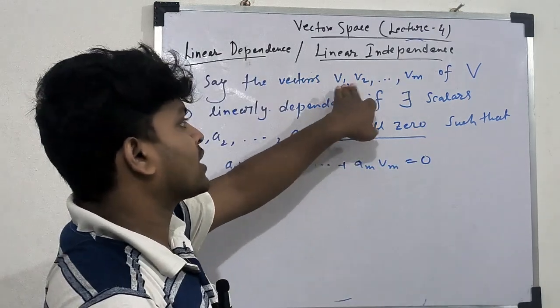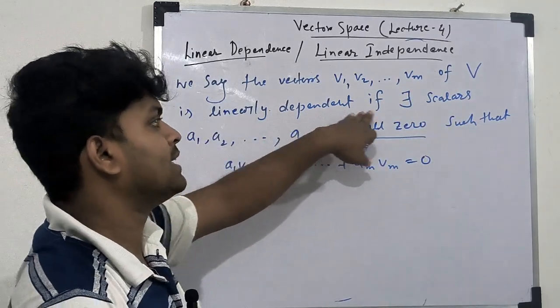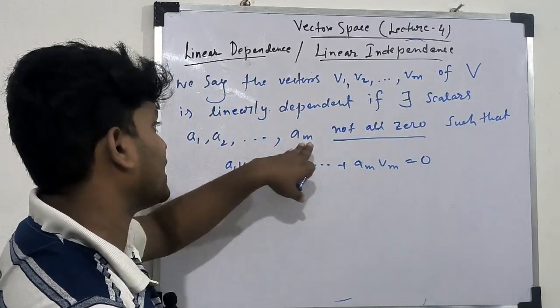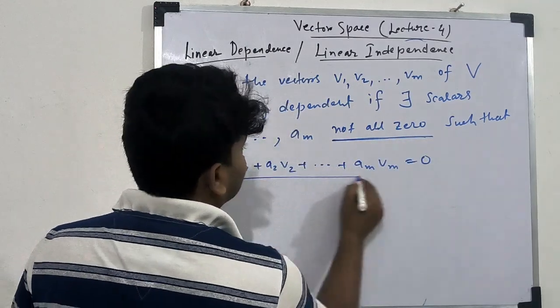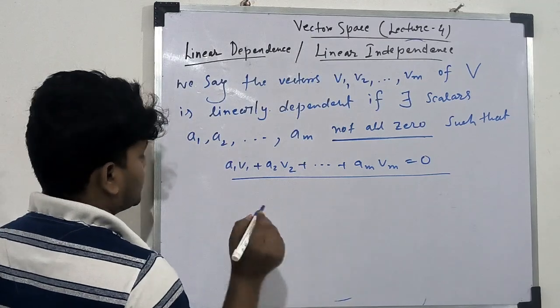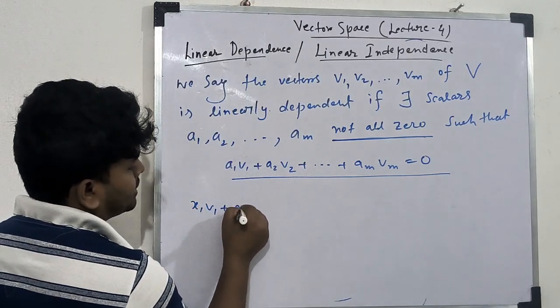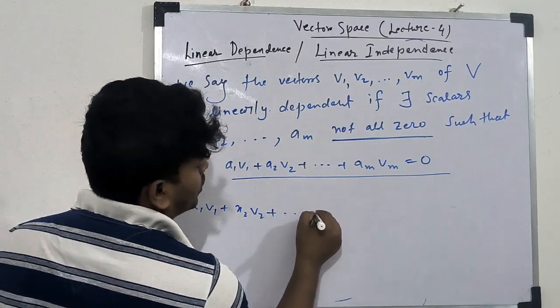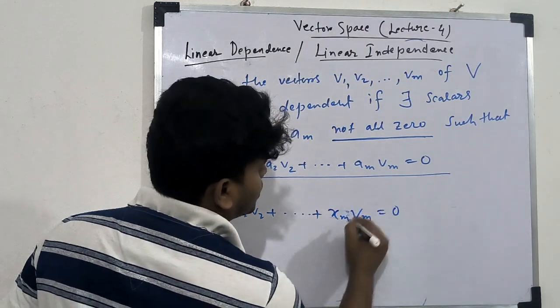So these m vectors of a vector space V are said to be linearly dependent if there exist scalars a1 a2 am, this is very important, not all 0, such that we can write this, otherwise they will be linearly independent.